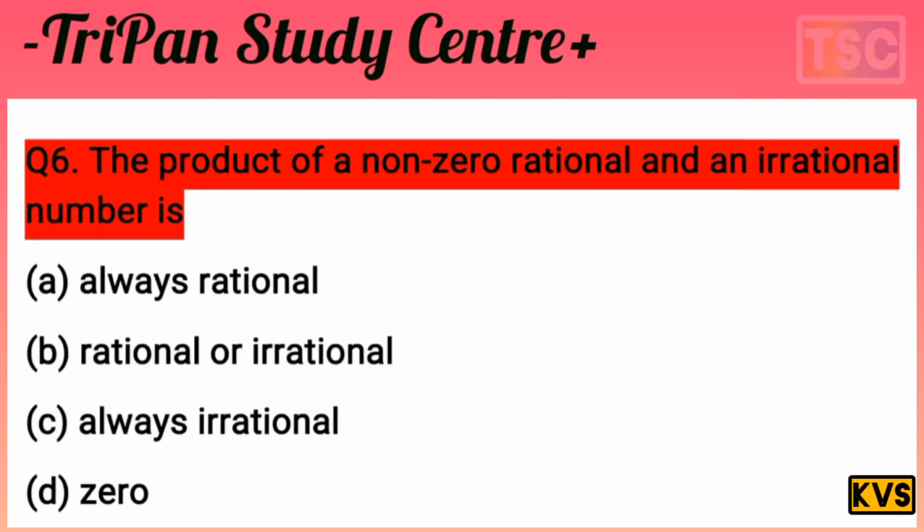The next question, that's important. The product of a non-zero rational and irrational number is. The question is clear. The options: A, always rational; B, rational or irrational; C, always irrational; and D, zero. That's an important MCQ.